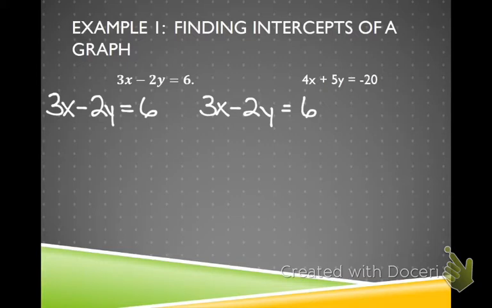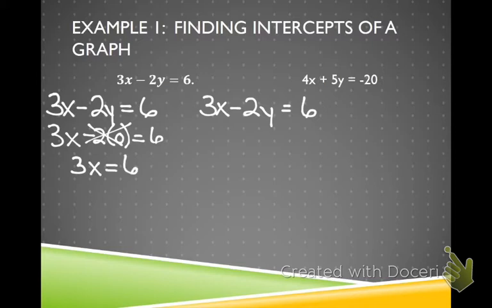If I'm solving for x on the first one, I need to substitute 0 for y. What's 2 times 0? 0. The whole point here is you can't be solving for 2 variables, so you have to take one variable out of the equation. Then you get 3x equals 6.